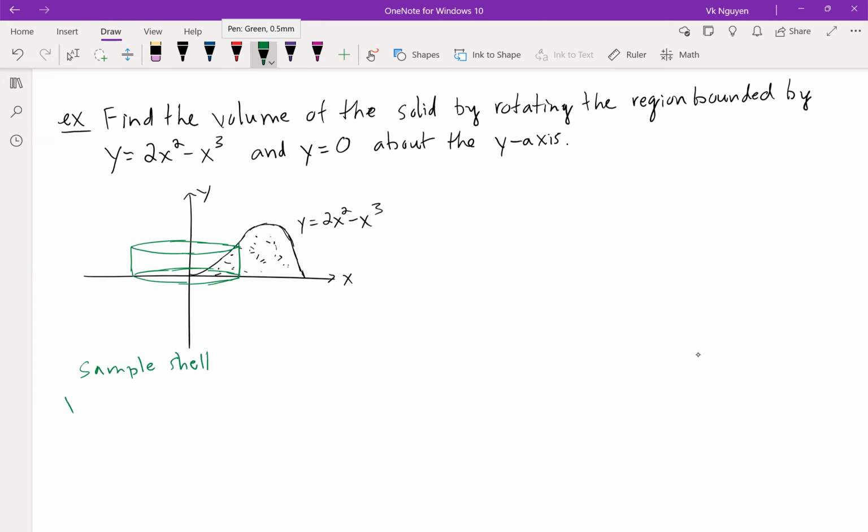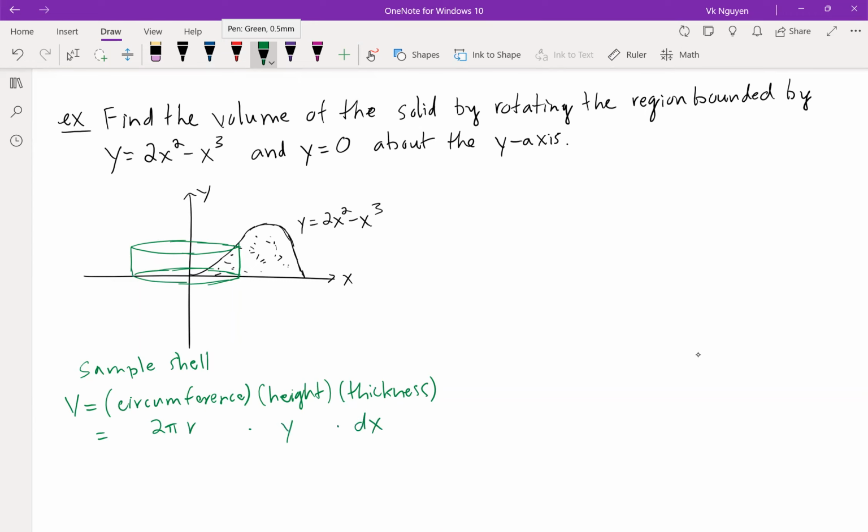Sample shell. It has volume of circumference multiplied by height multiplied by thickness. Circumference is 2 pi times the radius. The height is y. The thickness is dx.